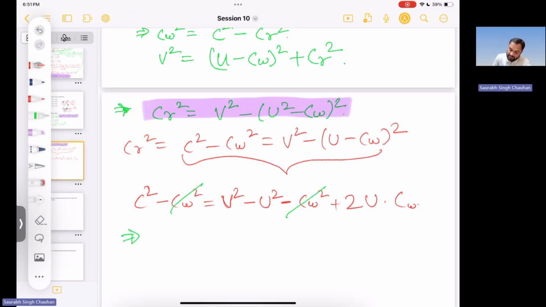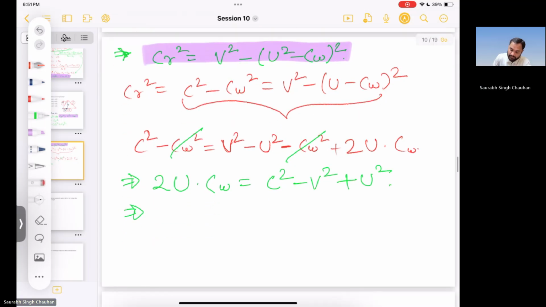So what you get is 2U CW is equal to C square minus V square plus U square. So U CW is equal to 1 by 2 (C square minus V square plus U square). Okay.